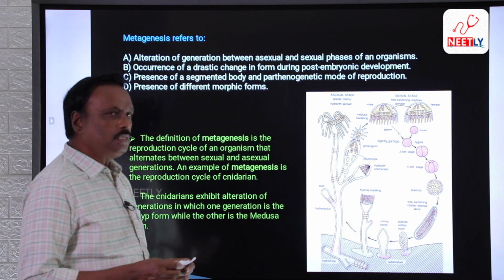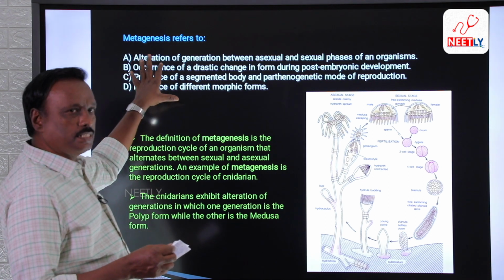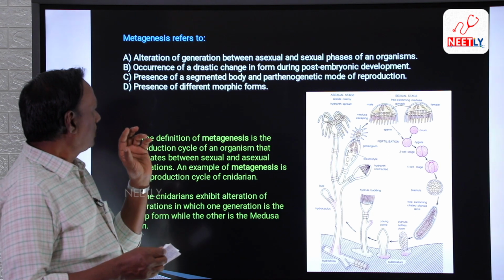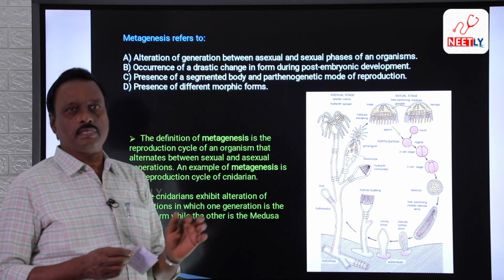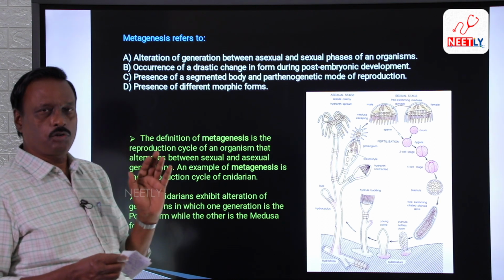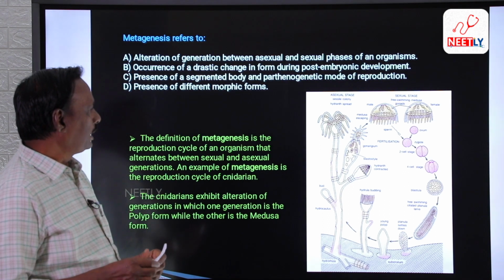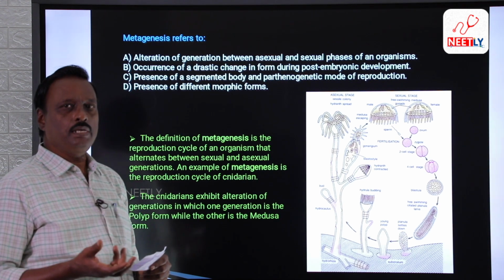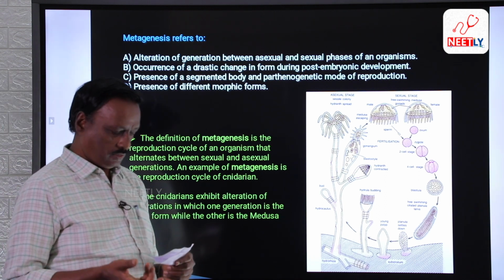Metagenesis is a word that refers to an organism which undergoes two phases in its life cycle. One phase is the sexual phase and another is the asexual phase. The asexual phase means it reproduces either by budding or by producing small spore-like structures and others.